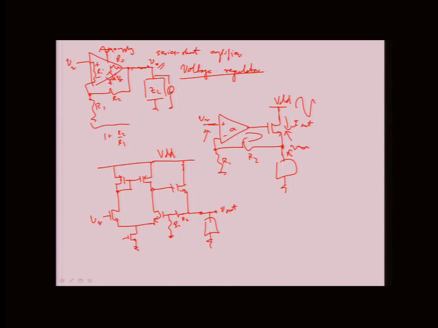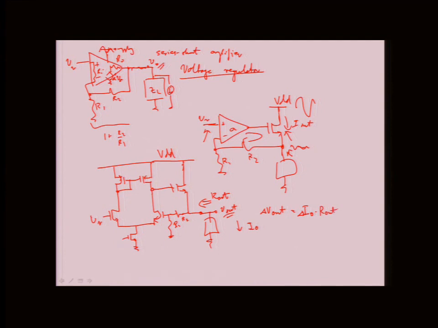What's of interest here is to look at the R out of this amplifier. The reason is that if I have some current I_O I'm pulling down here, the delta in V out will be proportional to delta in I_O times R out of the amplifier.